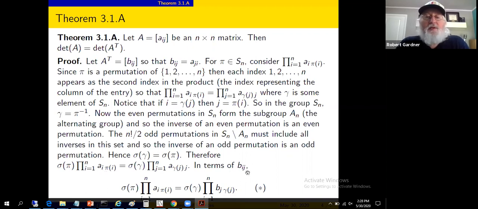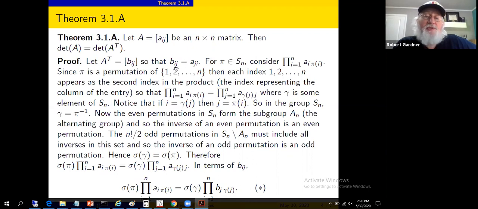All right, so let's look in terms of the b sub ij's. This is why we went through all that: I want to reverse the order of indices. If we consider sigma of pi, the product from i equals 1 to n of a sub i, pi of i, let me relate the b sub ij to this.